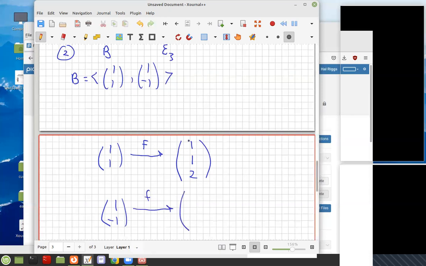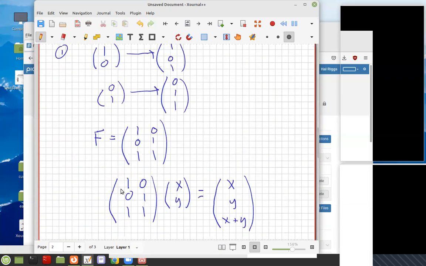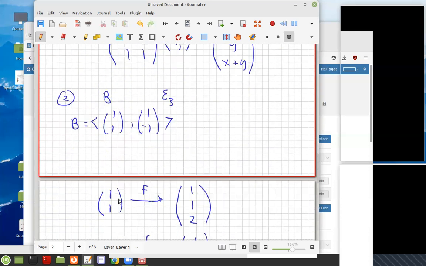That's going to be (x, y, x plus y), which is (1, -1, 0). Because we have this, this is the matrix from basis B to epsilon 3.